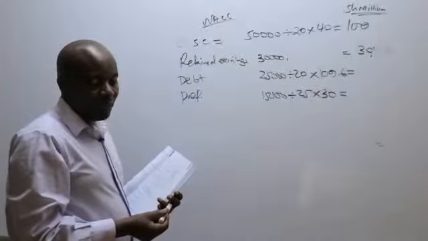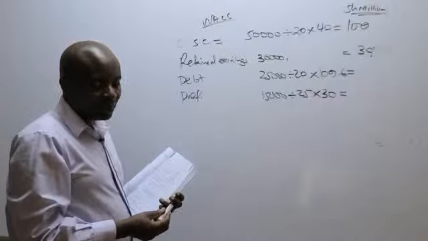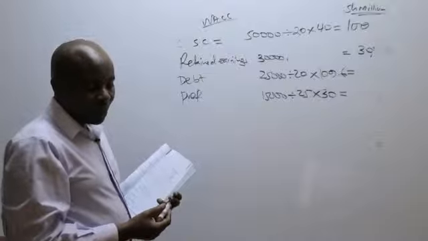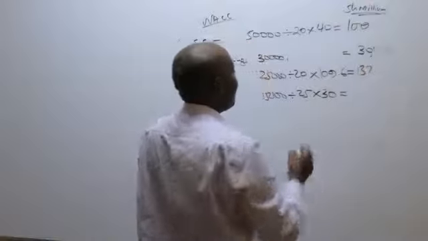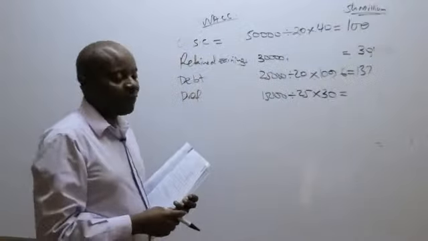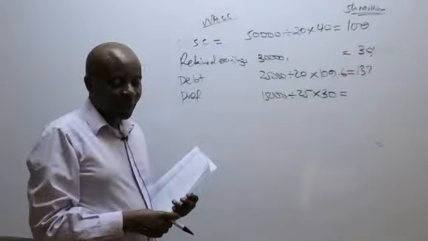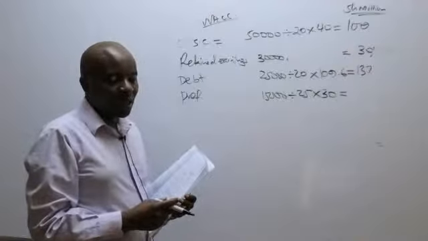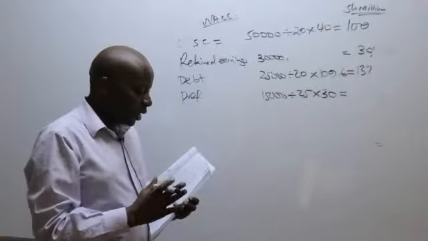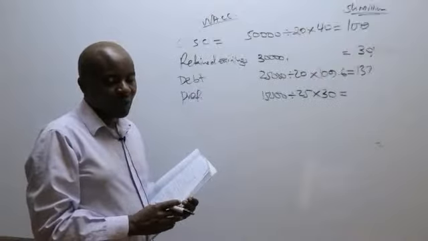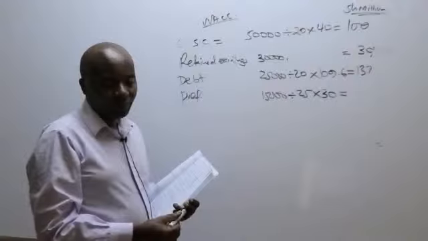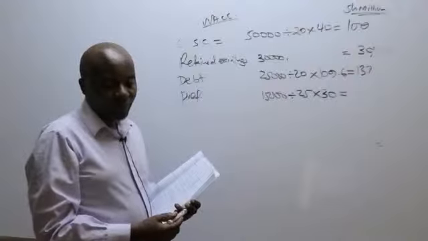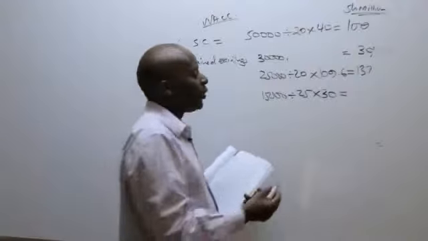Under debt we have 137,000, so 137. I've decided to work without the zeros. And preference, 18. Thank you very much.